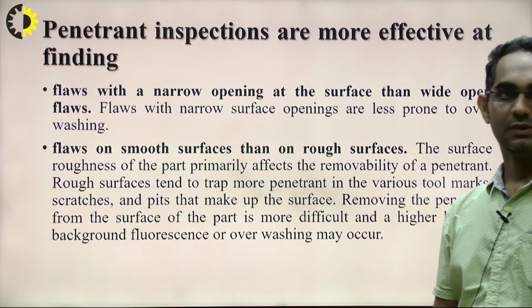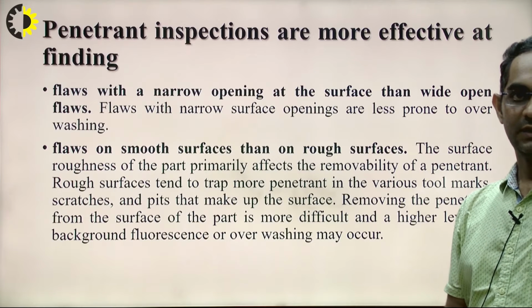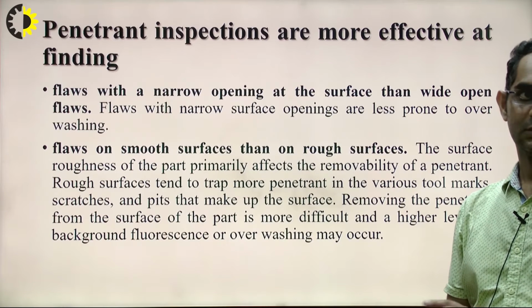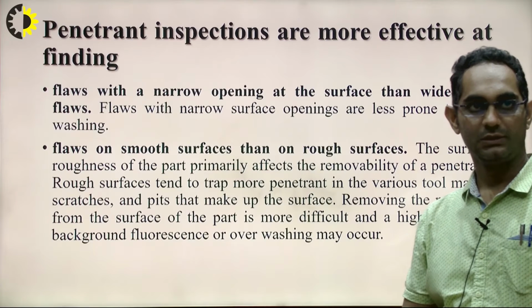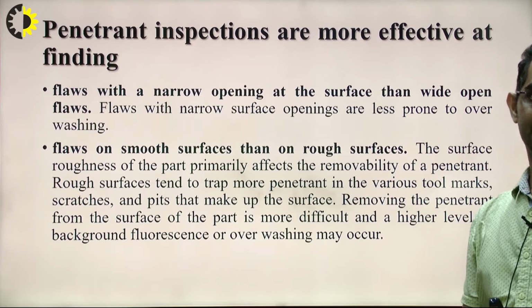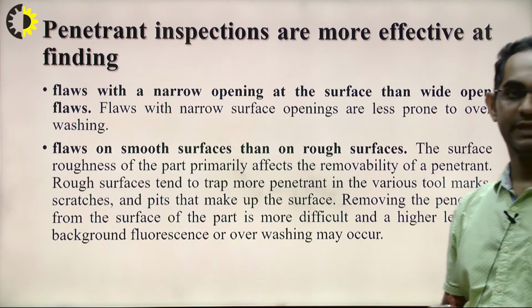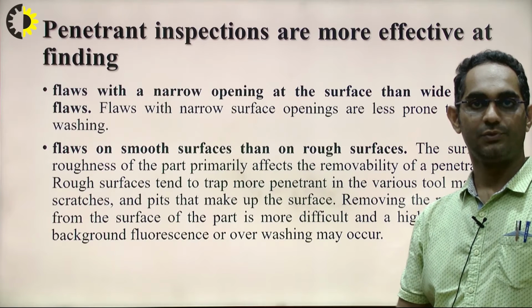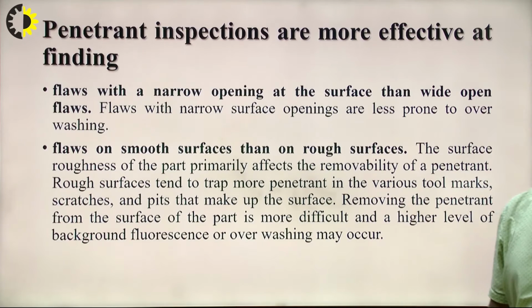Then next is flaws with a narrow opening at the surface compared to wide opening flaws. These penetrant inspections are more effective for flaws with a narrow opening at the surface than wide open flaws. Flaws with narrow surface openings are less prone to overwashing.